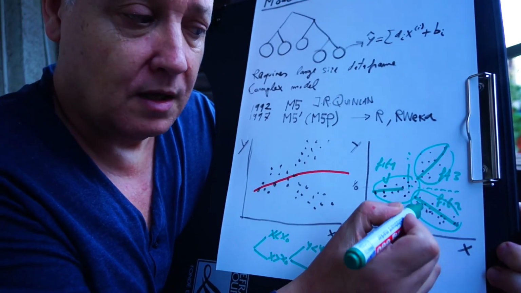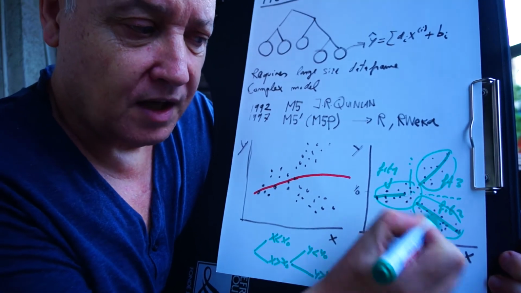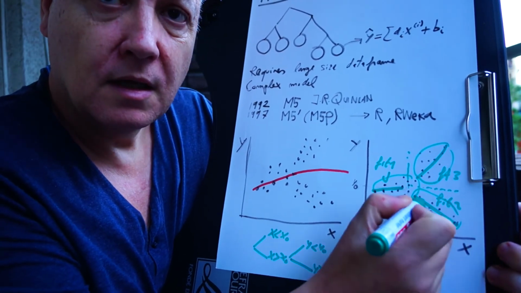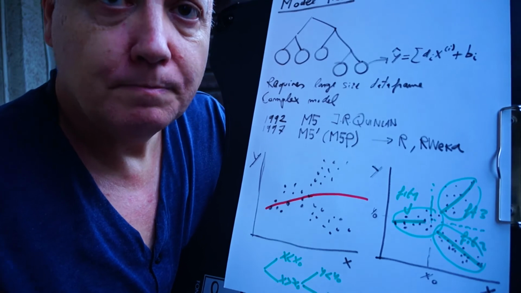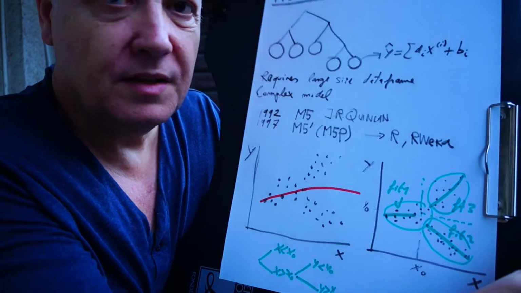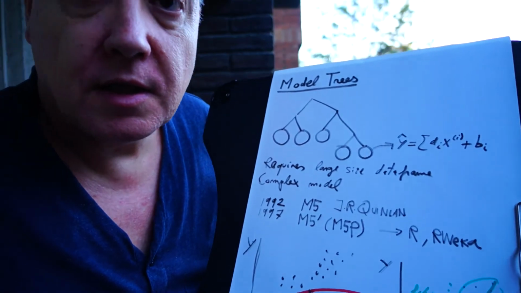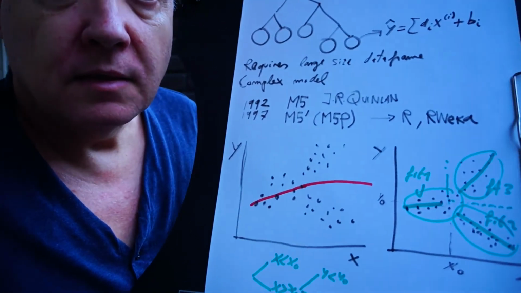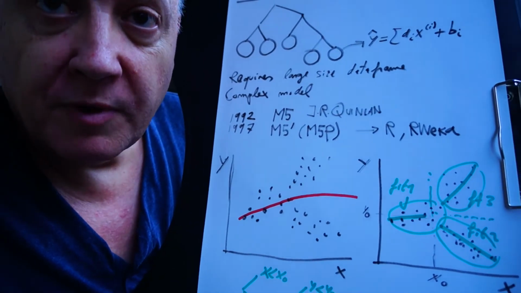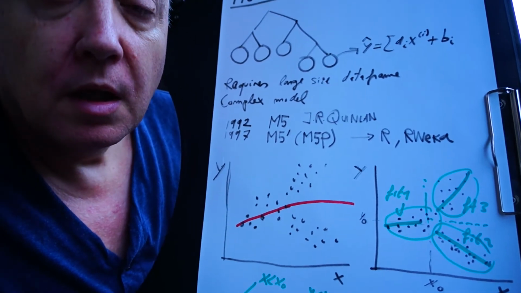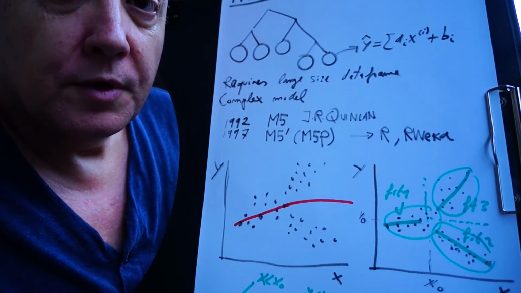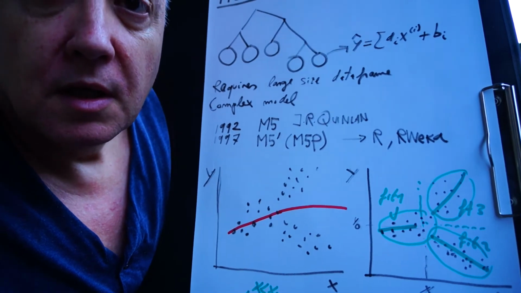You need the local fitting with a line in the different parts. So this is the explanation for the model trees algorithms, and the next part of the video will be running an example to see how you can do these models in R.